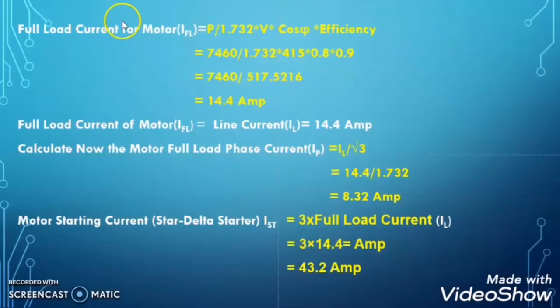To find this, we first have to calculate the full load current for the motor. As per the three-phase power equation, P is equal to root 3 into V into I into cos phi into efficiency. So I will be P divided by root 3 into V into cos phi into efficiency. We know everything.